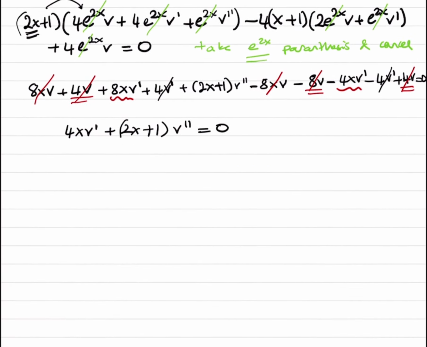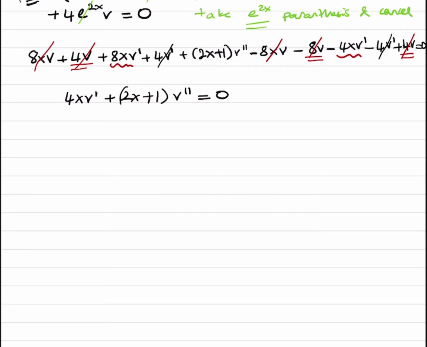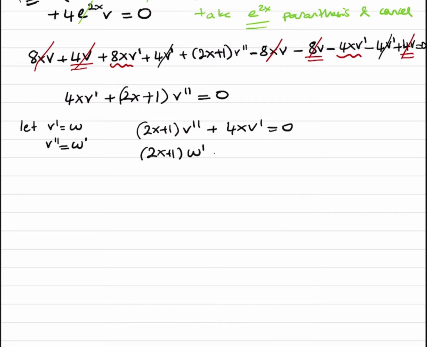Now let v prime be w, and v double prime be w prime. So we have (2x plus 1) w prime plus 4x w is equal to 0.